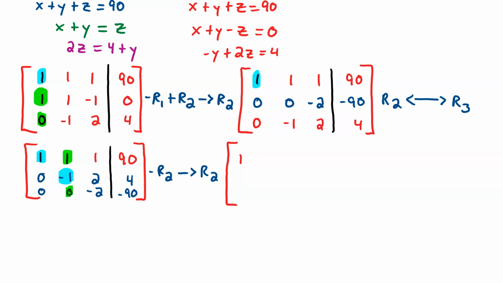So our top row and our bottom row are not changing. Our top row is going to be 1, 1, 1, 90. Our middle row, we said, is changing because we need that -1 to become positive. So our entries in that row are going to be 0, 1, -2, -4. And then that bottom row is going to remain the same, 0, 0, -2, and -90.